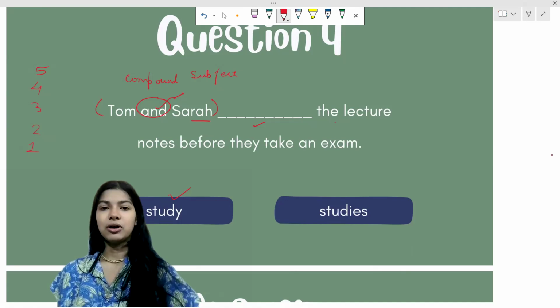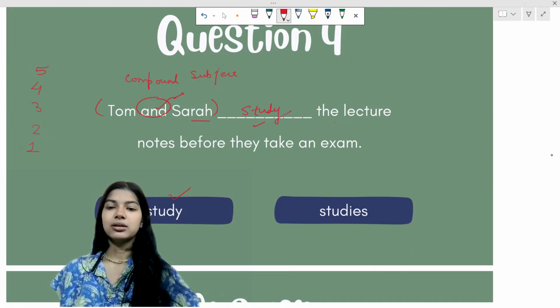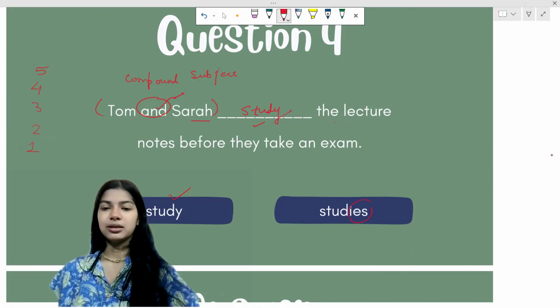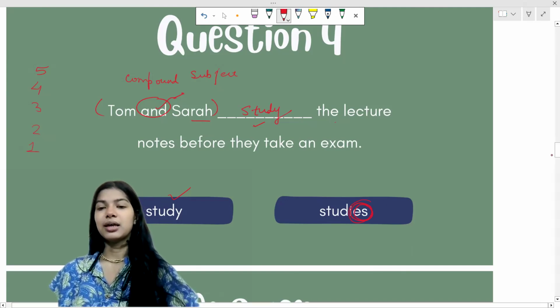That means it is the first option, study. It can't be studies because it contains ES, which is the singular form, and we need the plural one. Let's check our answer.